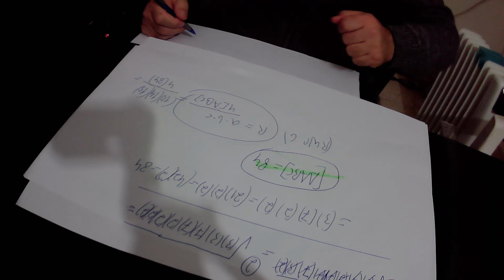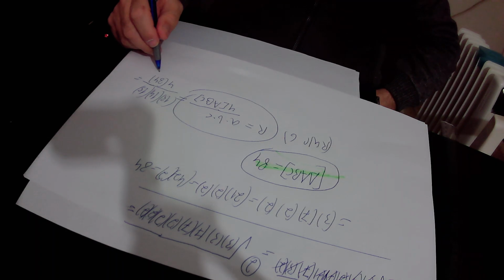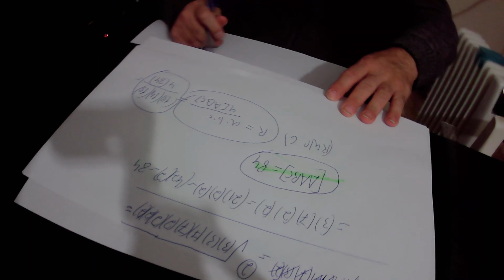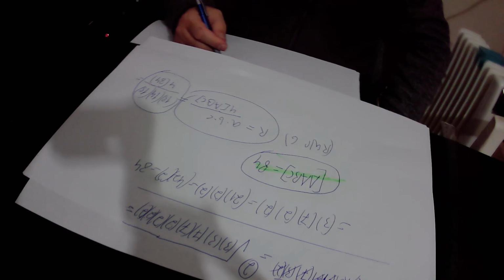Okay. So here we'll divide both the numerator and the denominator of this expression by 14. In the numerator we have 14, so 14 over 14 is 1.